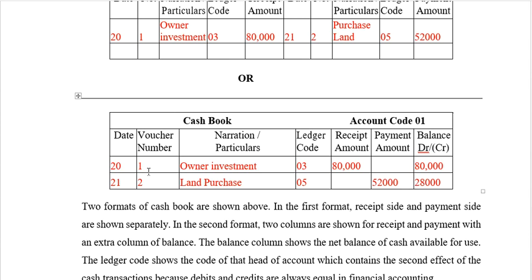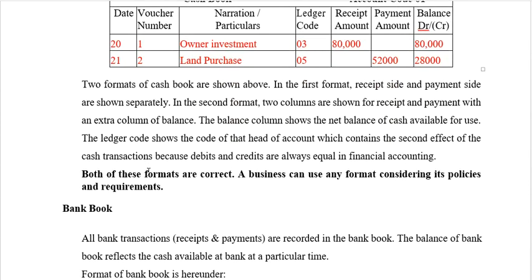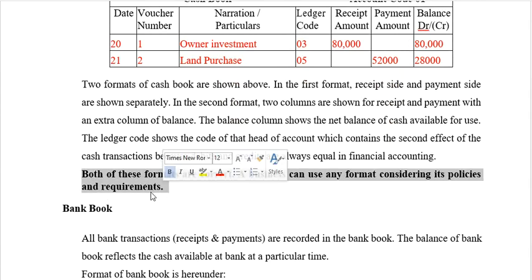Fine, it is another format that we discussed. Both formats are correct, and a business can use either format considering its policies and requirements. There is no remark that one format is better or not; it depends on the company, and both give the same result.